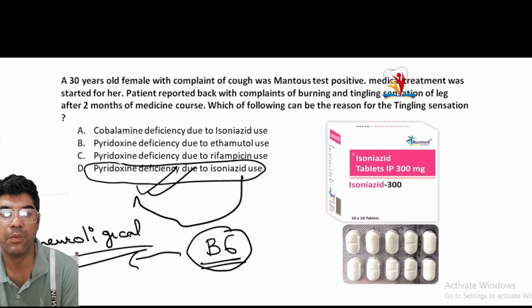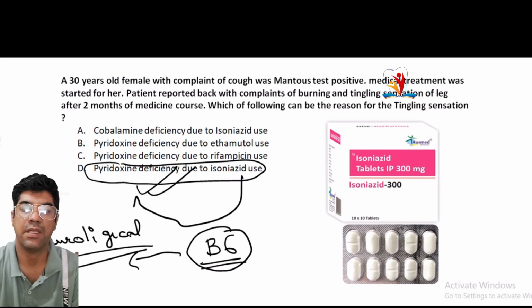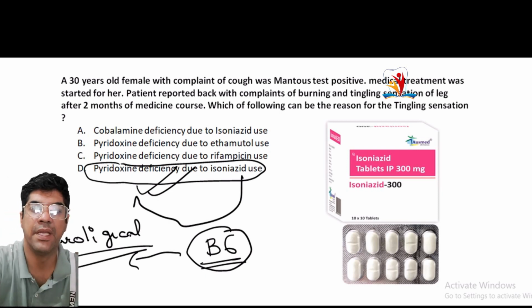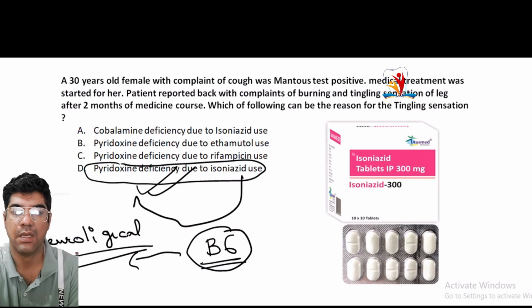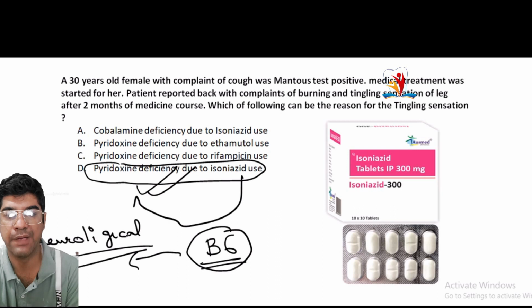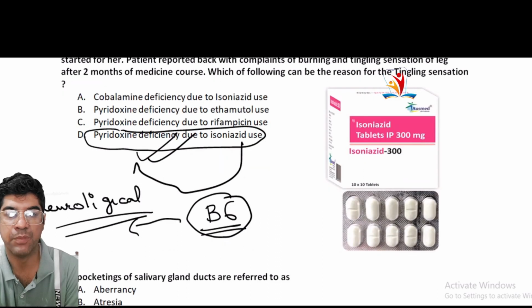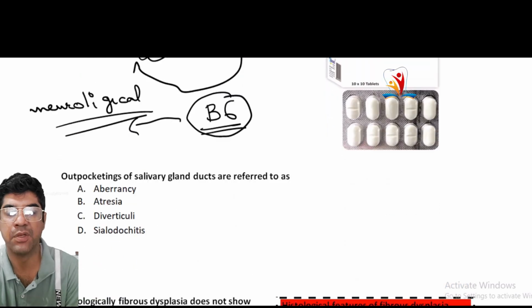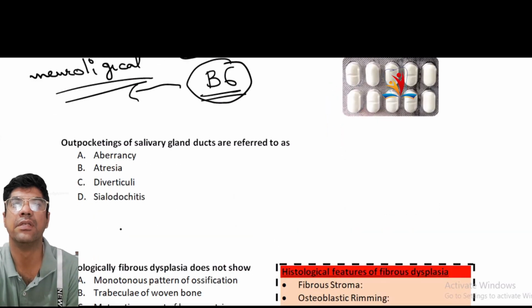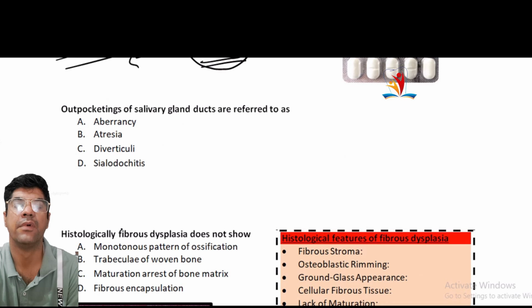That is peripheral neuropathy, which may manifest as a tingling or burning sensation. Other tuberculosis drugs like ethambutol and rifampicin also have side effects, but this tingling sensation is most commonly with isoniazid. Okay.